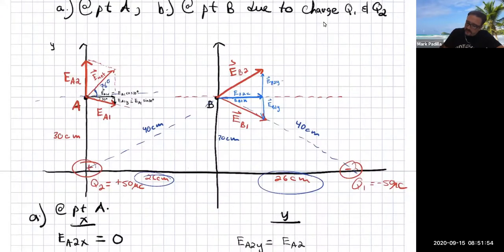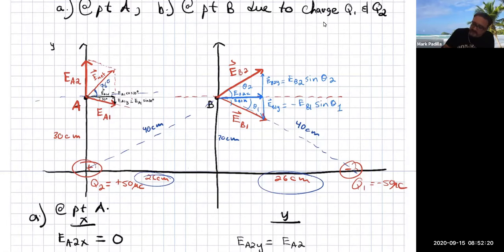Well, EB2y is going to be EB2, and we'll say this would be theta 2, and this would be theta 1. So this is going to be sine theta 2, and this is going to be negative EB1 sine theta 1.